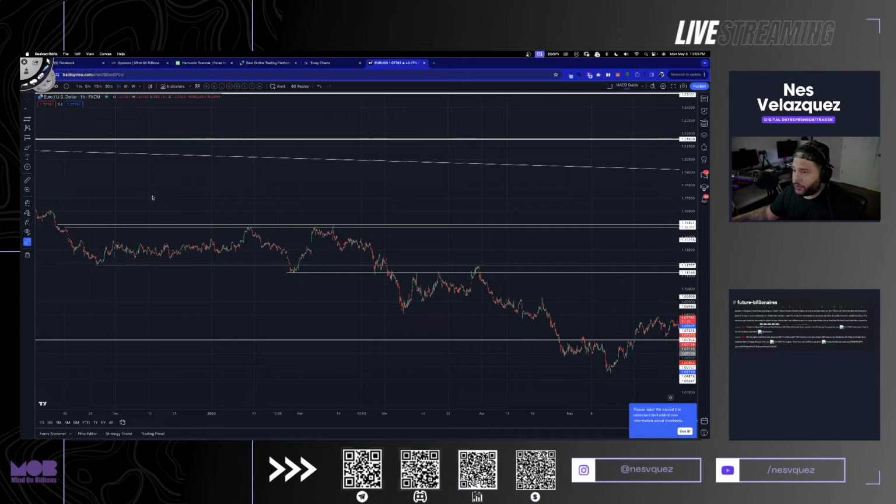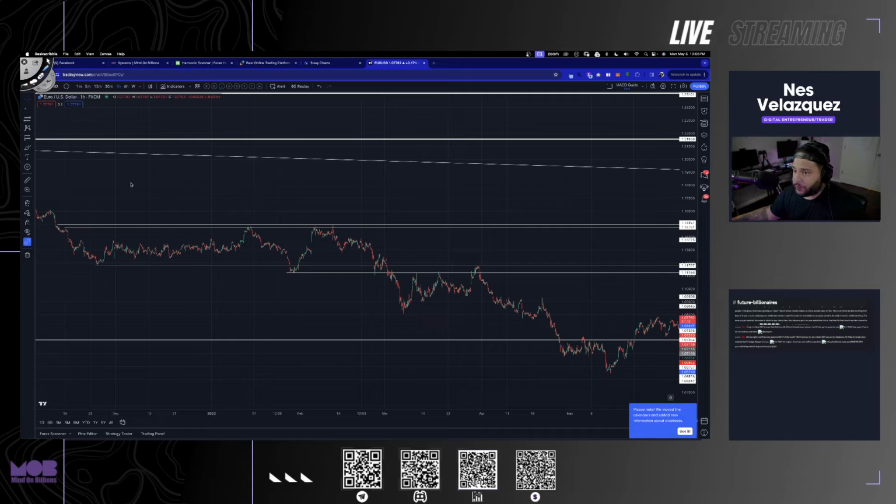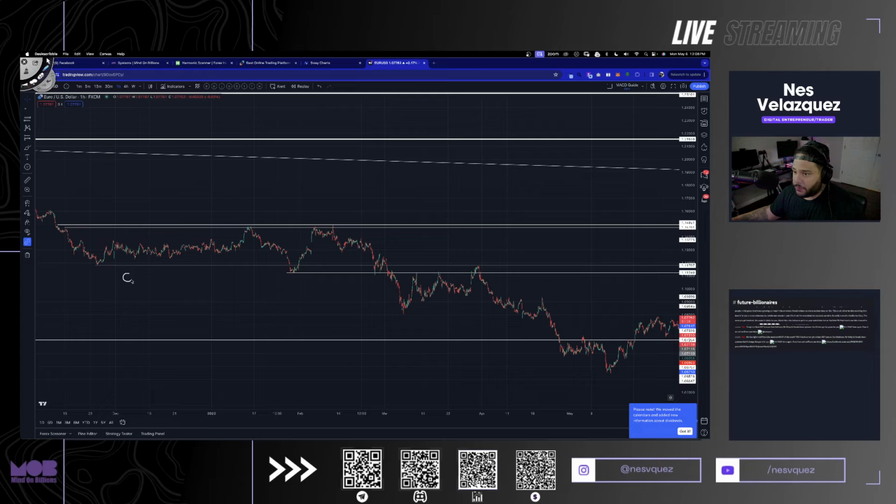Okay, so when the market is consolidating, this is what it's doing. Damn, I can't even see. It's like a little delay over here. Consolidation is basically when the market is staying within a zone. So here's the resistance, here is the support.